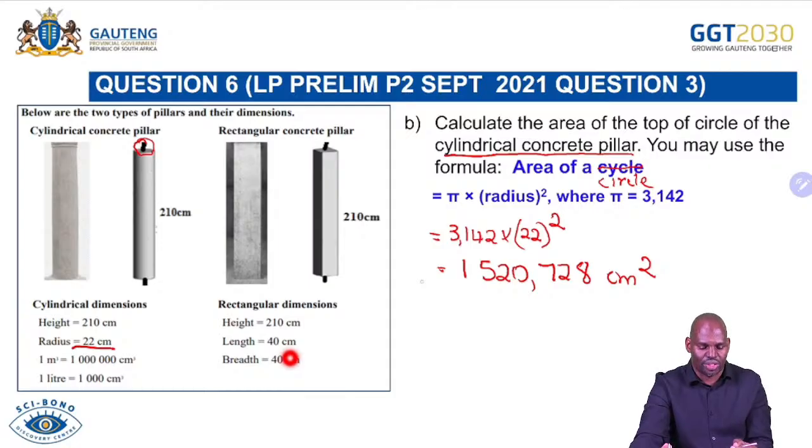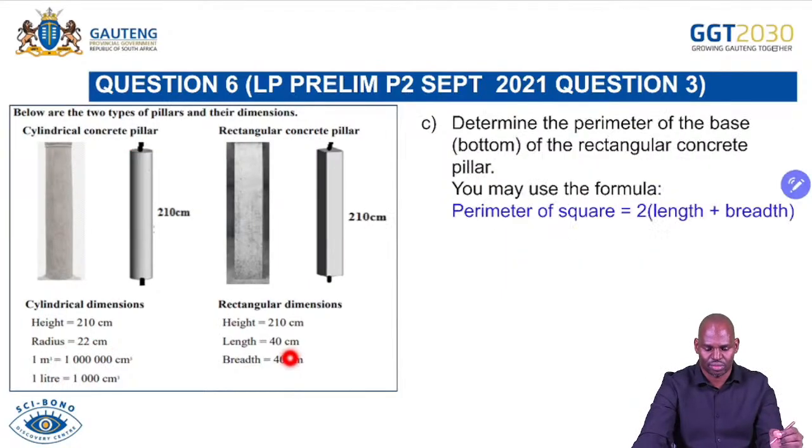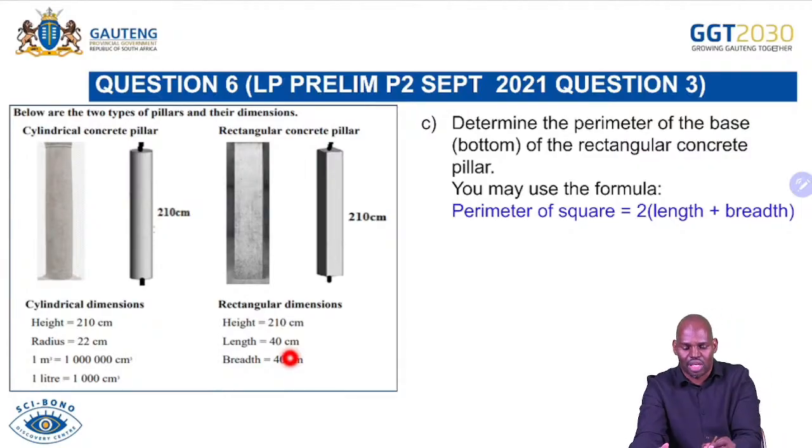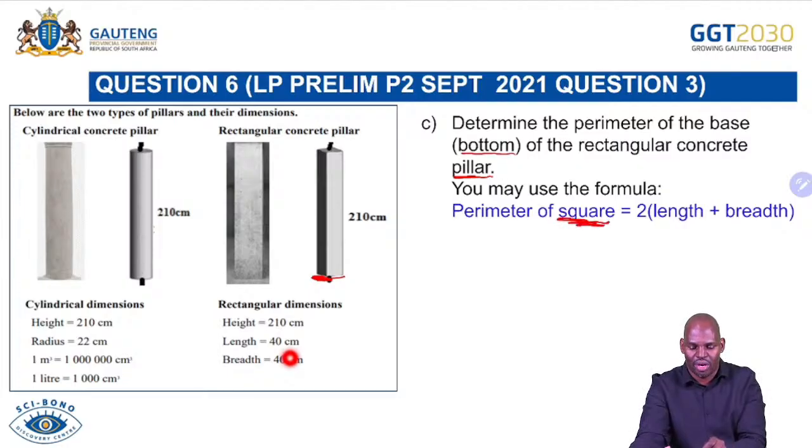Then the next question, question 6, still from the same paper from Limpopo province. It's determine the perimeter of the base, that means the bottom of the rectangular concrete pillar. So there's the rectangular concrete pillar. Then they say you may use the formula perimeter of a square.